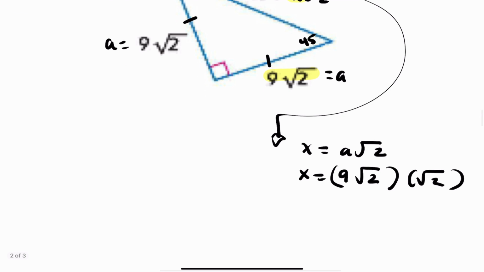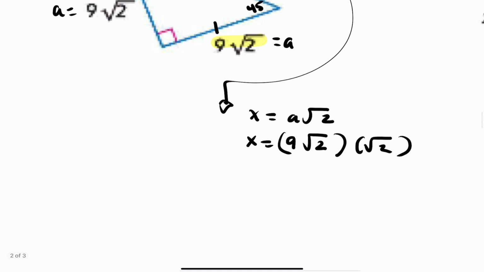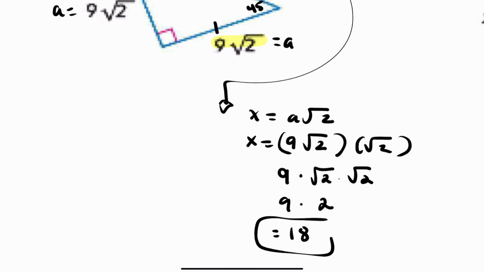Okay, so I replace this A with 9 root 2, and then this root 2 is right here. So remember, with our radical rules, we multiply the coefficient to the coefficient, and then the radicand to the radicand. So root 2 times root 2 is basically 2, right? So it's 9 times 2. So x is equal to 18. Do you see that?